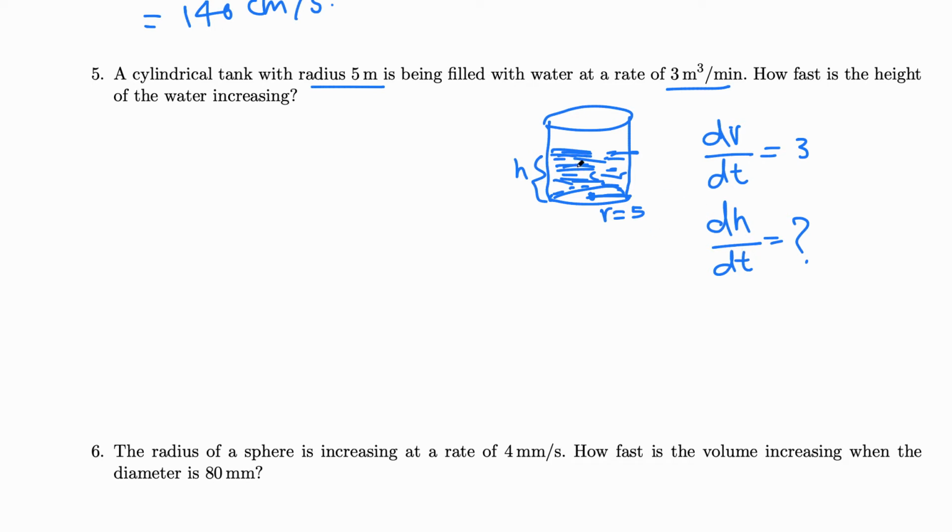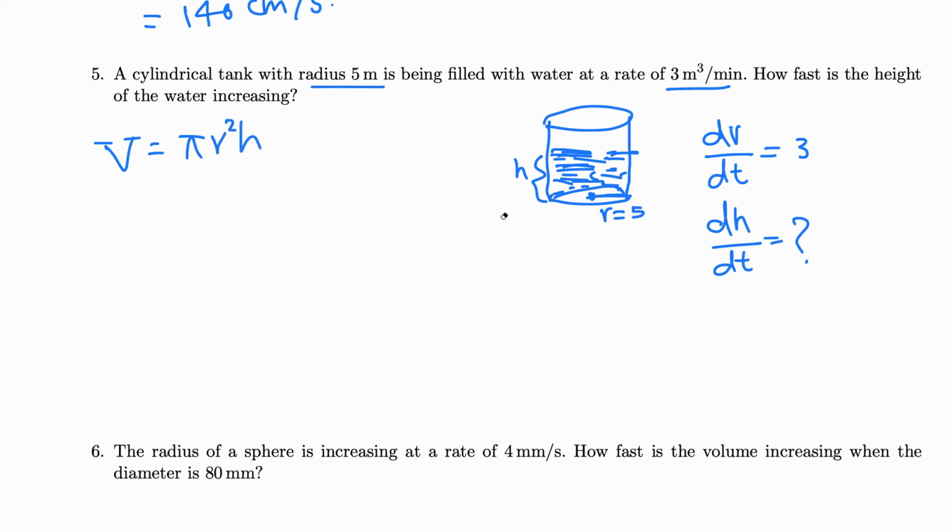So we have volume of water, volume V, and H. So we need to write down the formula of V in terms of H. So for a cylinder, volume is always the area of base times height.